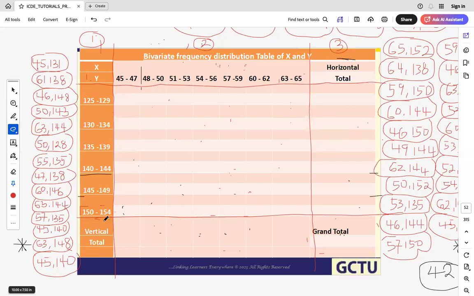Then area number 7, I told you we'll label it as vertical total. Then area number 8 is also having the frequencies of X. Then finally, I said this is where we need validation, the grand total, all the actions from area number 1 to area number 8. The resultant effect is area number 9.